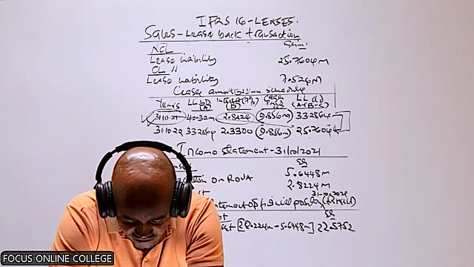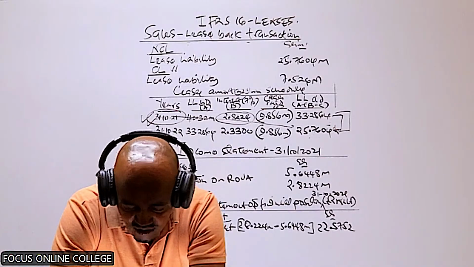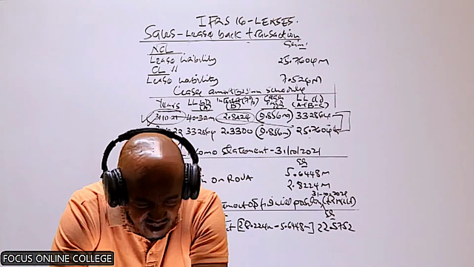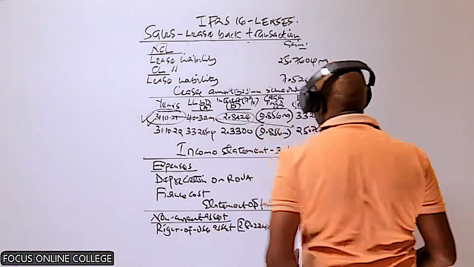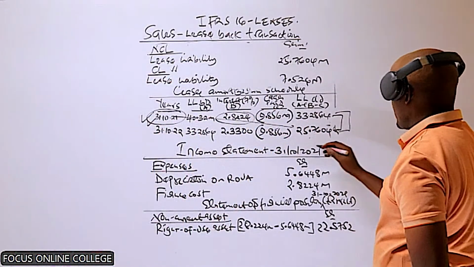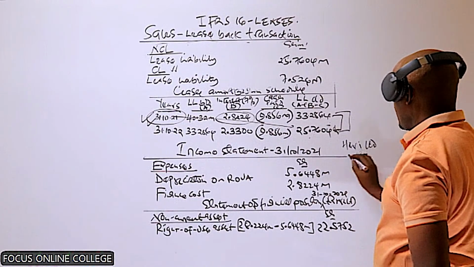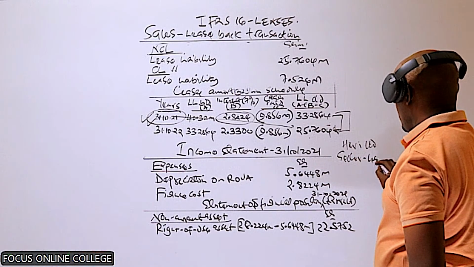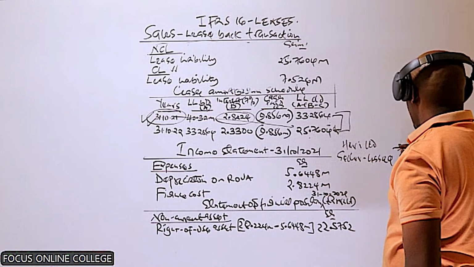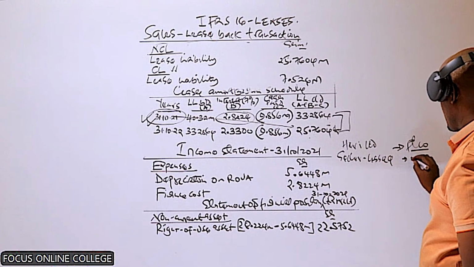Let me ask, even before we move to something else. Now, if, for example, you're required just to briefly explain how the finance company was supposed to account for this transaction. Remember, we have said that this company, HN Limited, was the seller, whereas the finance company was the buyer.